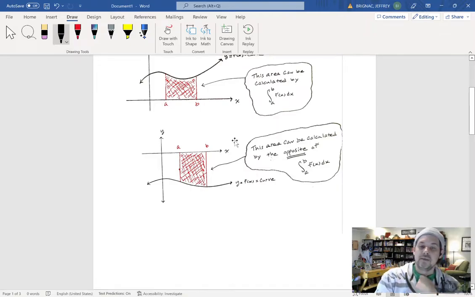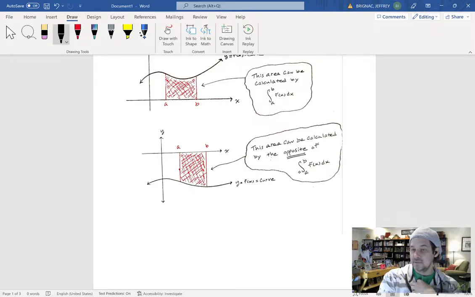Okay. Now, in this other scenario where the curve is under the x-axis, every point on here is a negative number, at least the y-coordinate is, then the area here, shaded in red, above the curve and under the x-axis from number A to number B, can be calculated as the opposite of this definite integral.